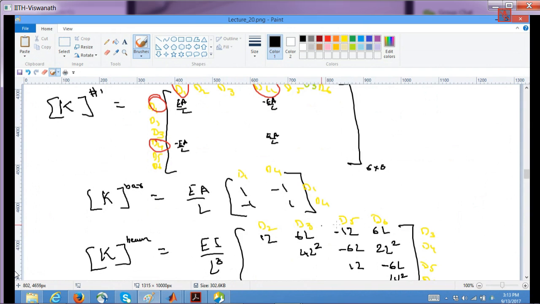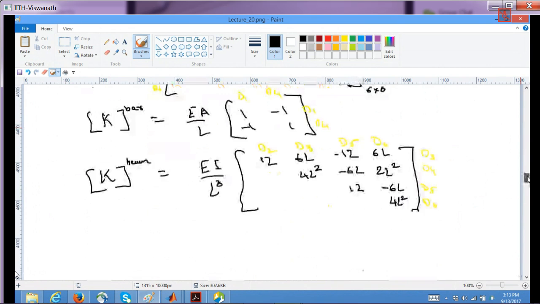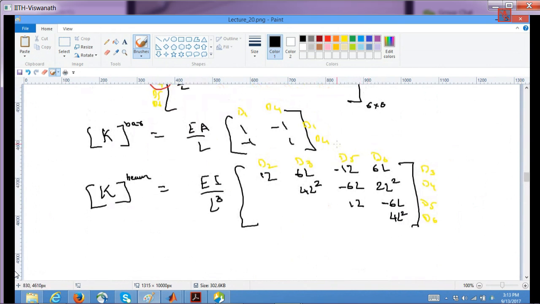Similarly, the D2 D3, I made a mistake, sorry, this is a wrong list. This is D2 D3. D1 and D4 are axial, so D2, D3, D5, D6 entries will come and sit here.